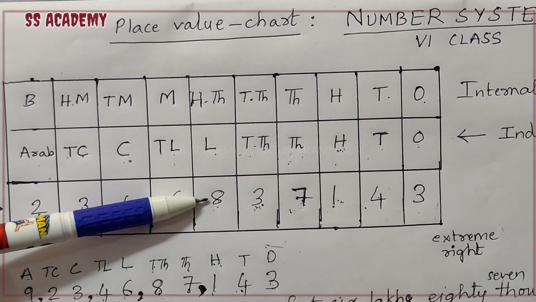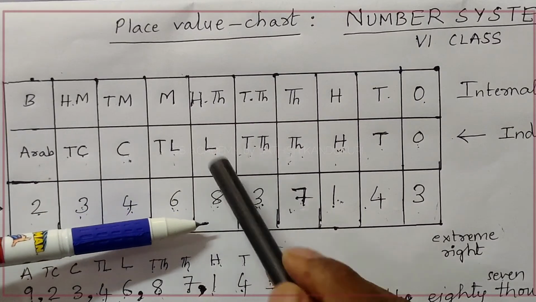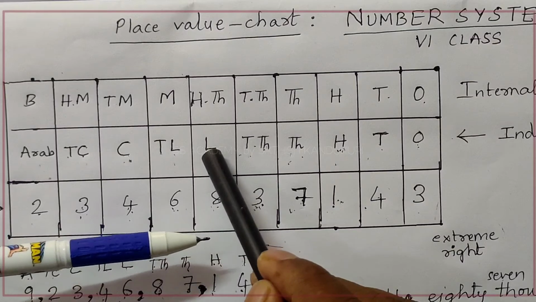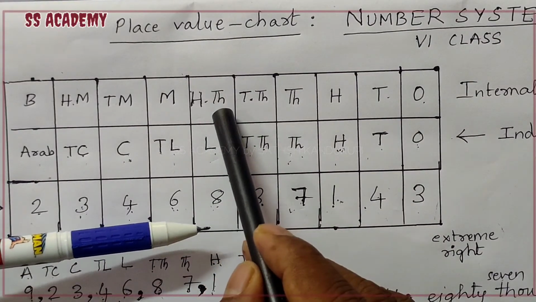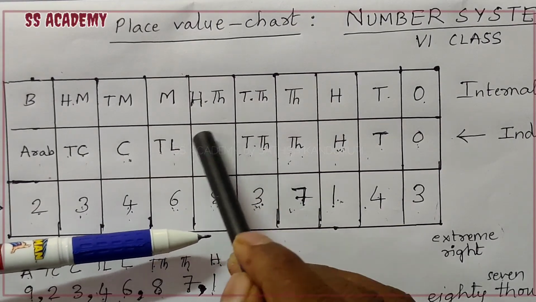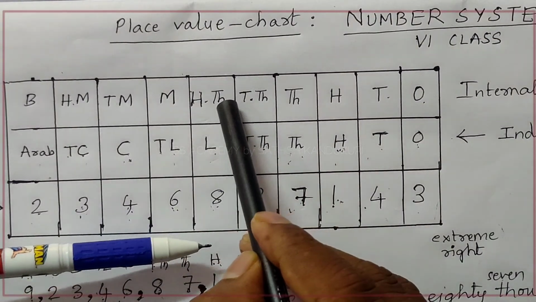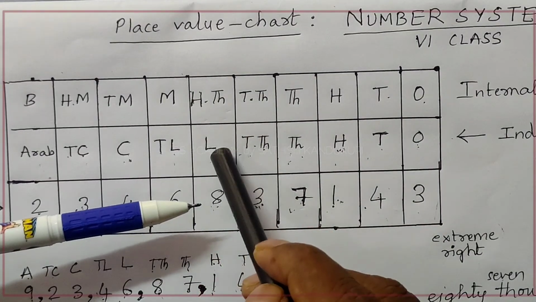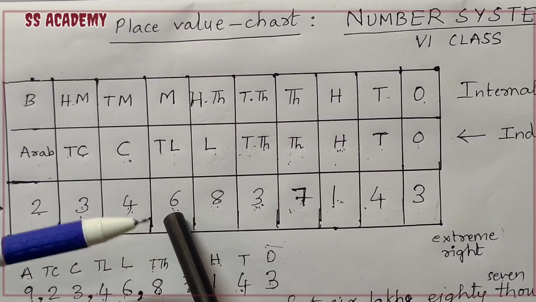After that we have 8. See here, for this number 8, in the Indian system we have lakhs, but in the international number system it is 100,000. This is where the change starts. After 8 we have 6.